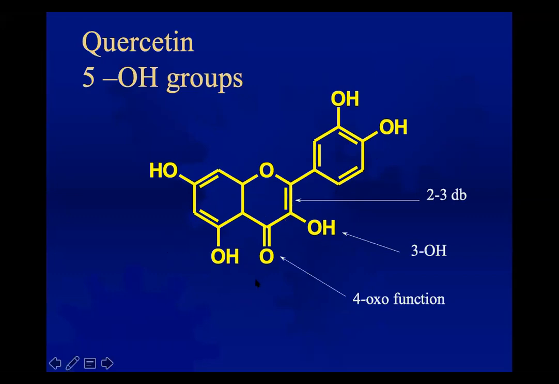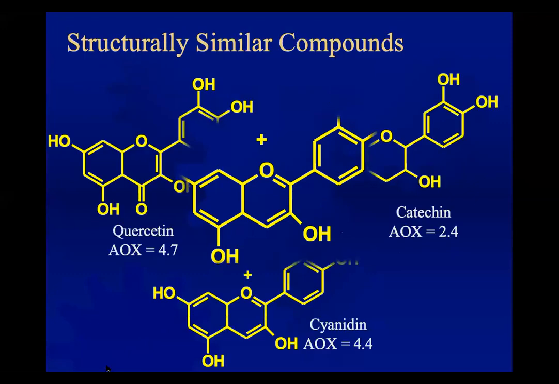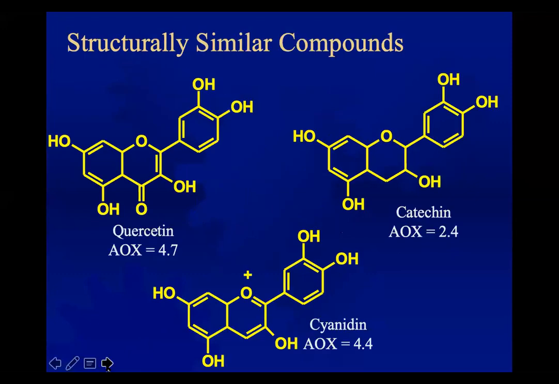Here the quercetin 5-hydroxy group is shown. Quercetin we have already shown, and the catechin hydroxyl group is here, very clear, and cyanidin is different. So they are structurally similar compounds, but they have different antioxidant activity.